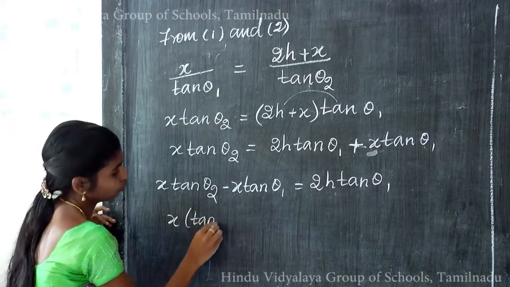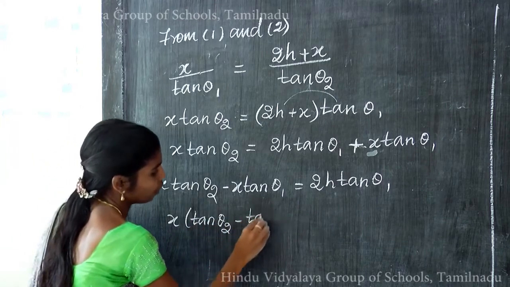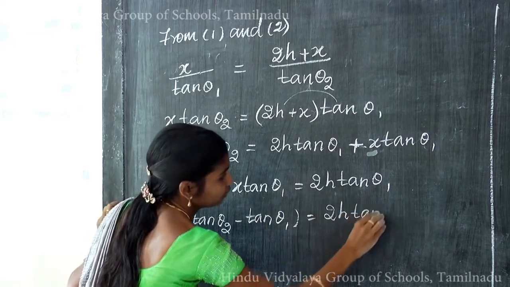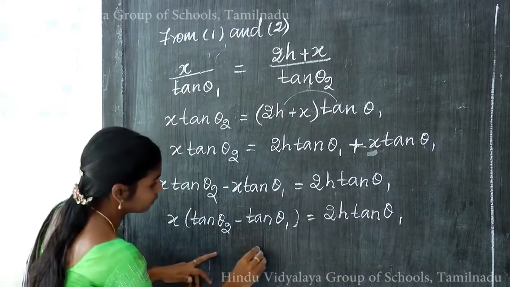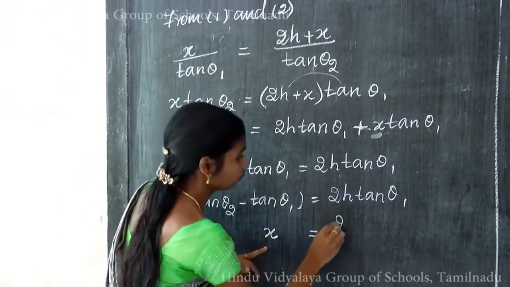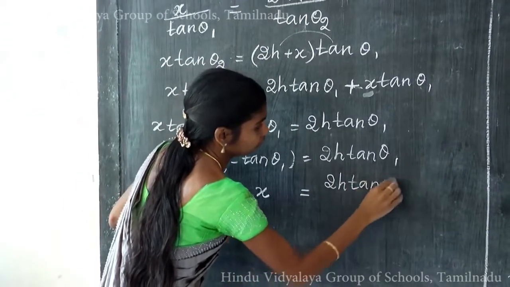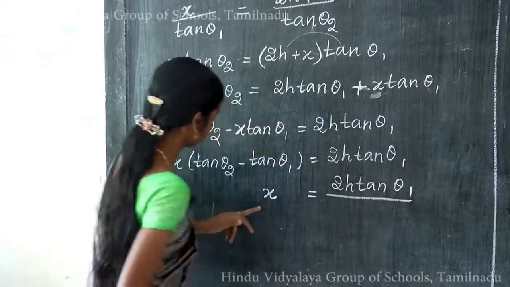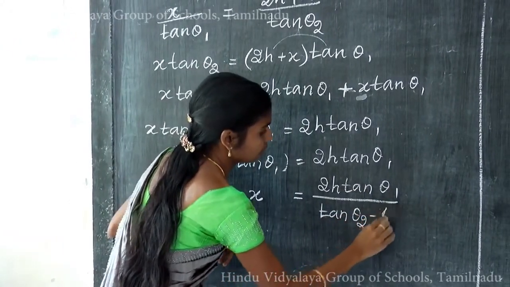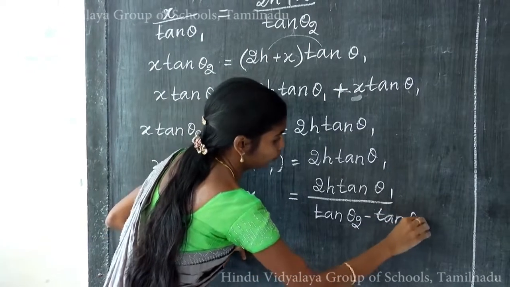So x into tan theta 2 minus tan theta 1 is equal to 2h tan theta 1. So from this we write the value of x, which is equal to 2h tan theta 1 divided by tan theta 2 minus tan theta 1.